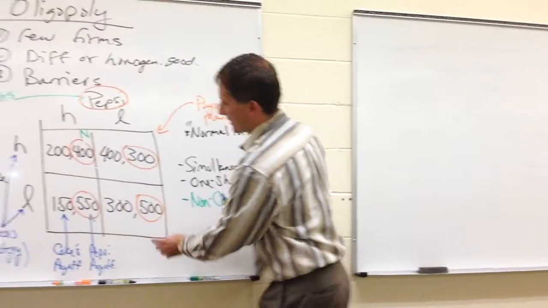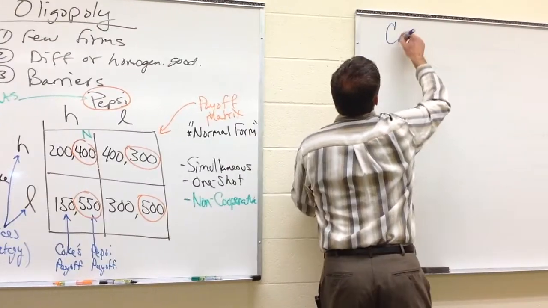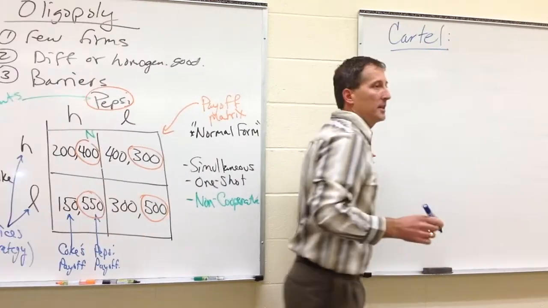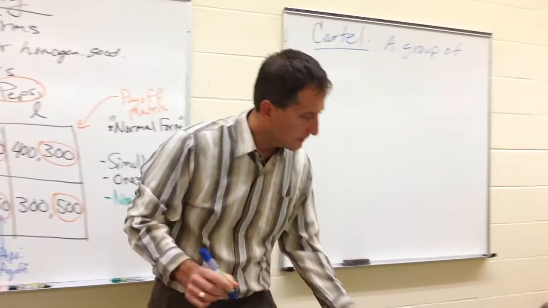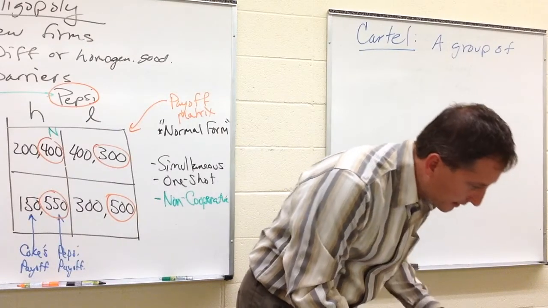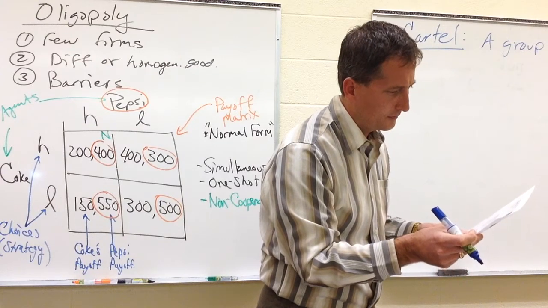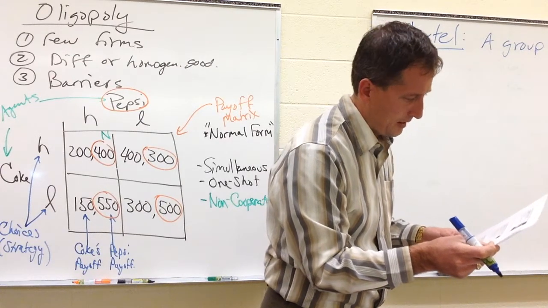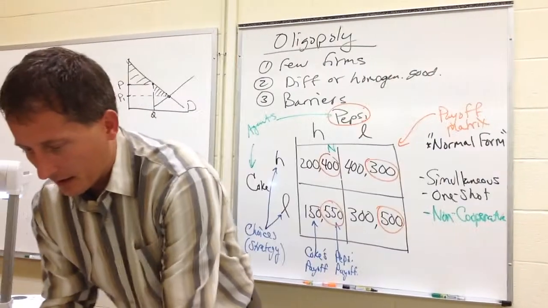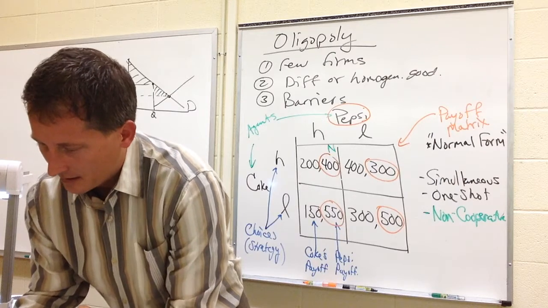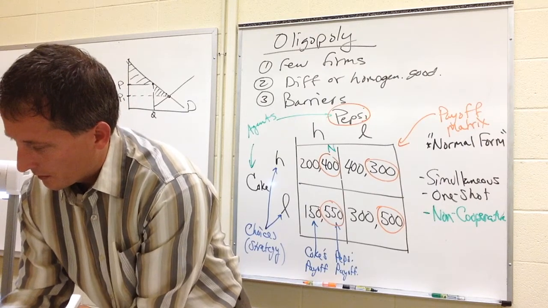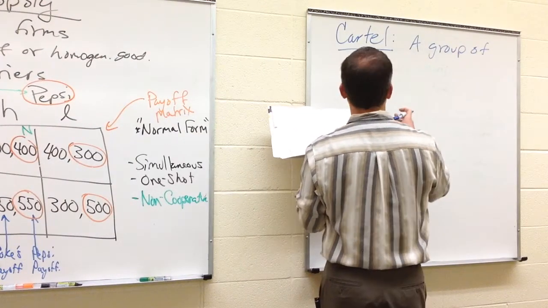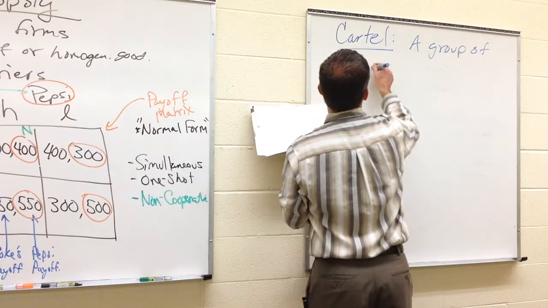So to kind of roll off of this, the cooperative solution would be called a cartel. A cartel is a group of firms, slightly different than the book, not quite.